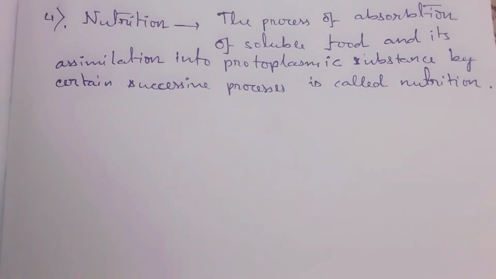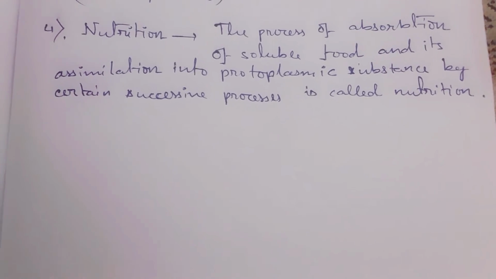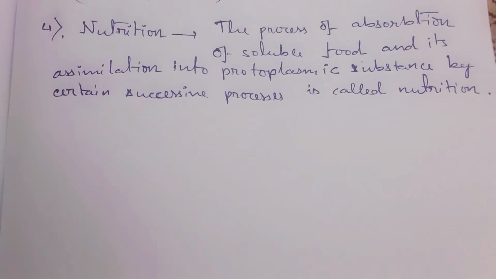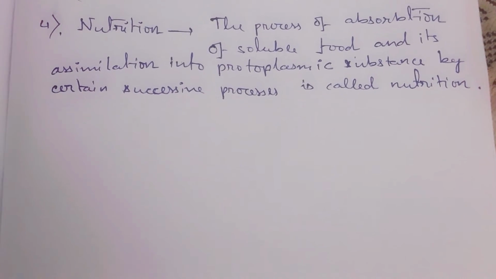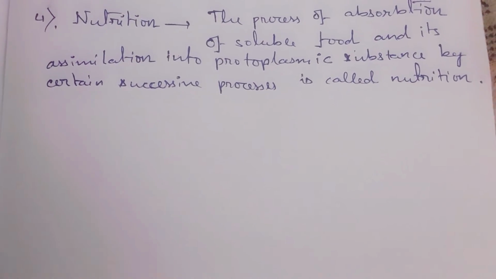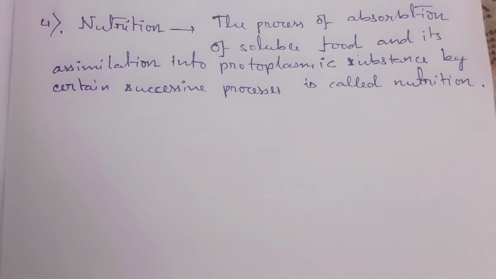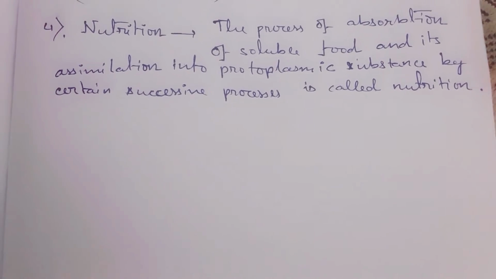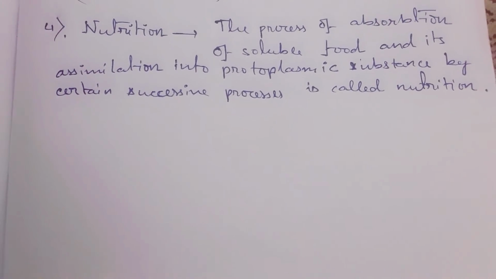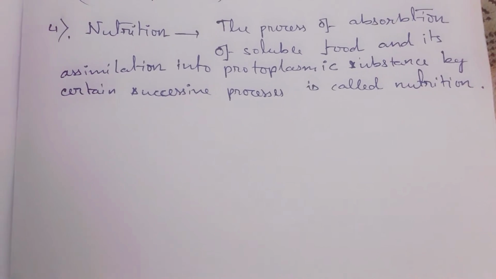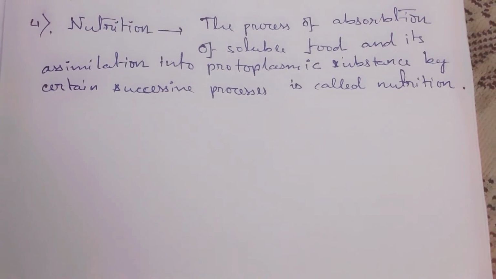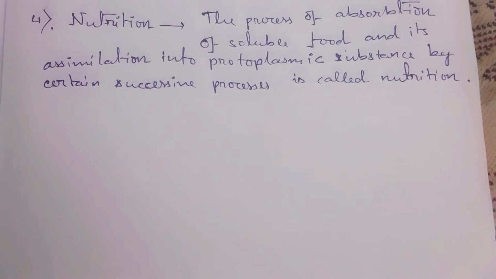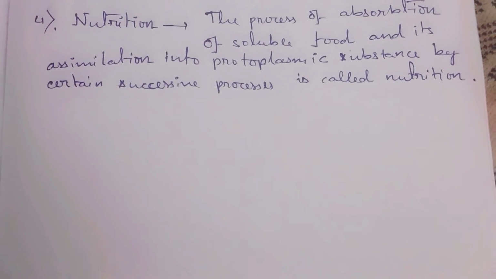That is the process of absorption of soluble food. You see, soluble food. What are soluble foods? Soluble foods means you see your carbohydrate is broken down into smaller segments. Now this smaller segment is known as soluble food, not your carbohydrate. Now the soluble food is dissolved into your protoplasm and is taken in by your protoplasm, and what does it do?